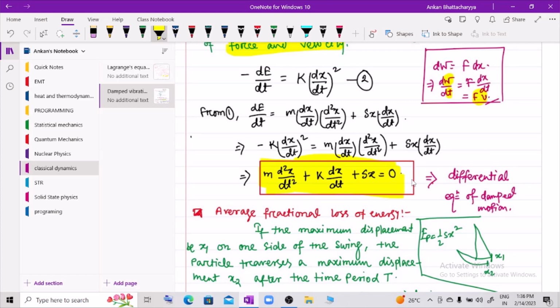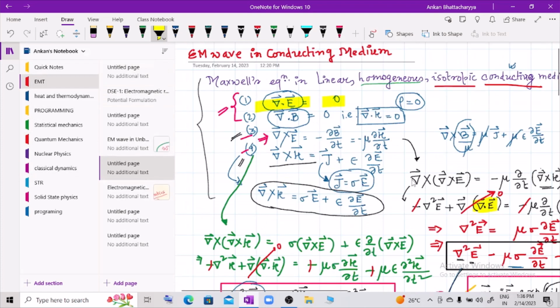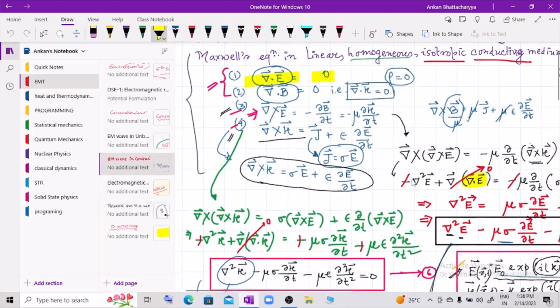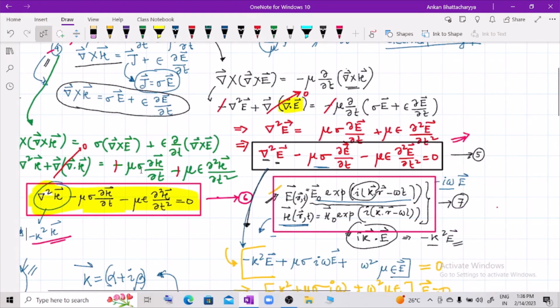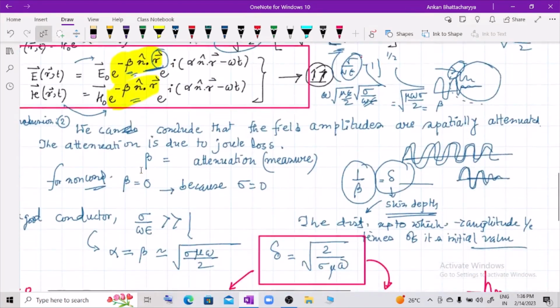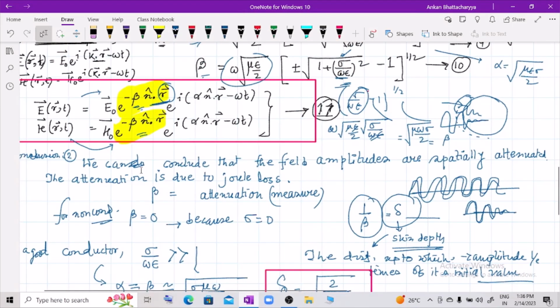Carefully observe: m d2x/dt2 plus k dx/dt plus sx equal to 0. This is the differential form of damped motion, which is obtained here also. The same form is obtained here. So these are nothing but the damping equation. So the solution is quite significant here, which gives the damping property by the exponential minus beta term.